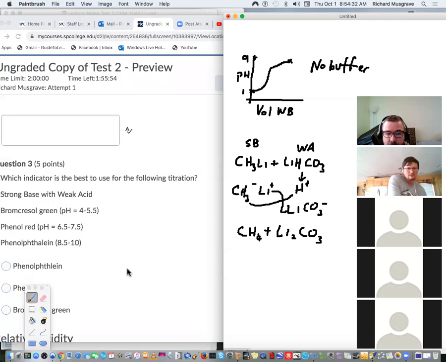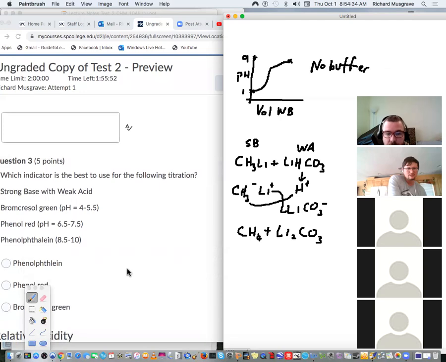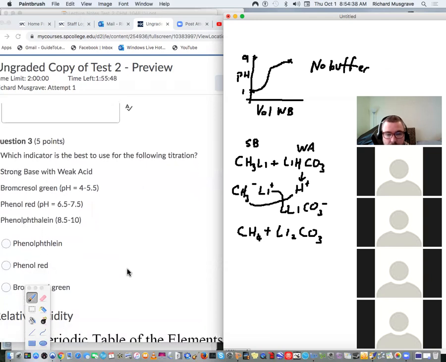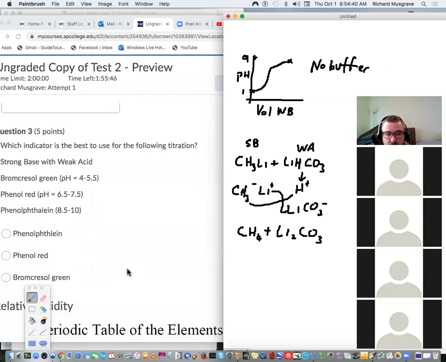Question 3, which indicator is the best to use for the following titration? It says strong base with weak acid, which actually happens to match what I've got up there. But, actually, no, it's not the same as that one.